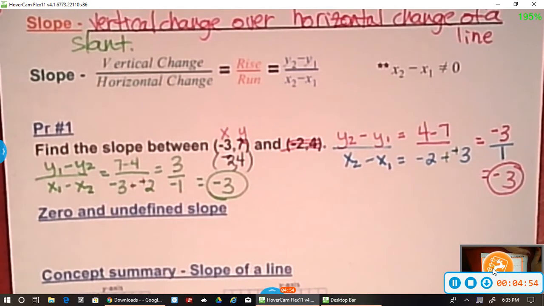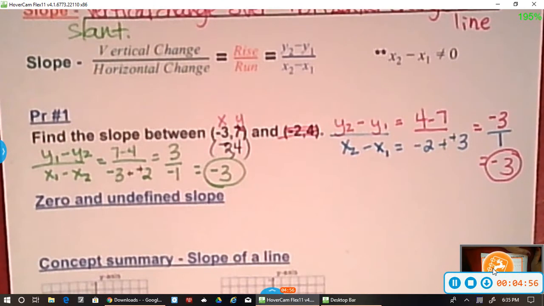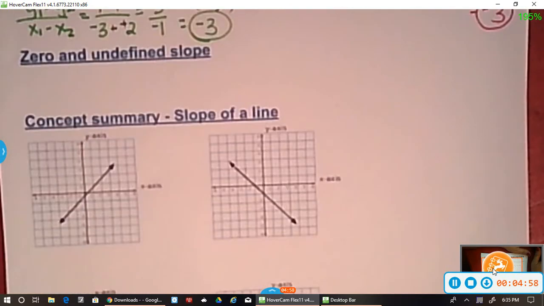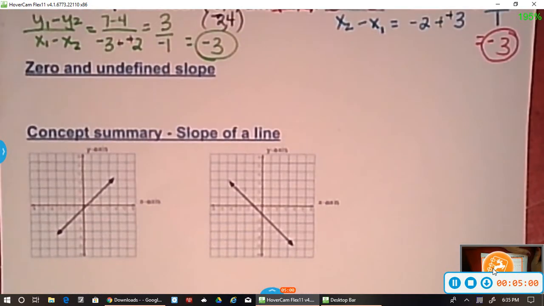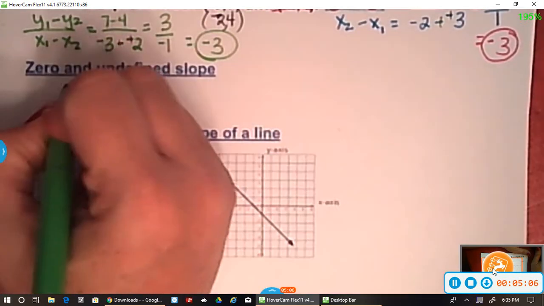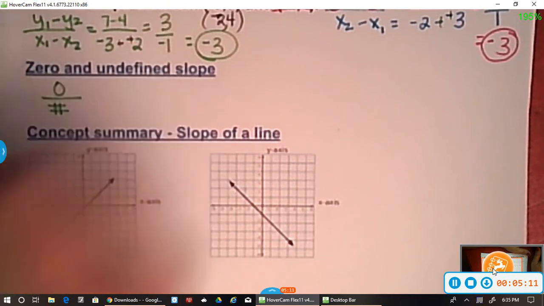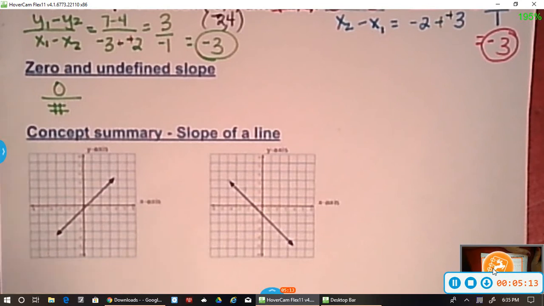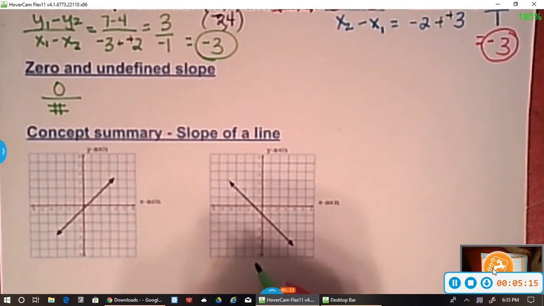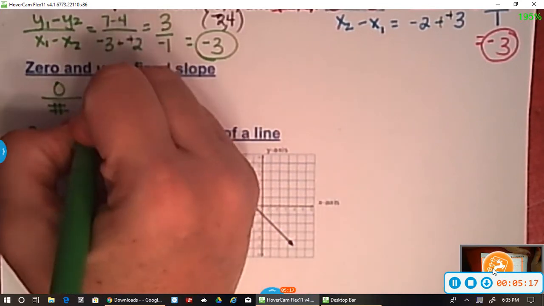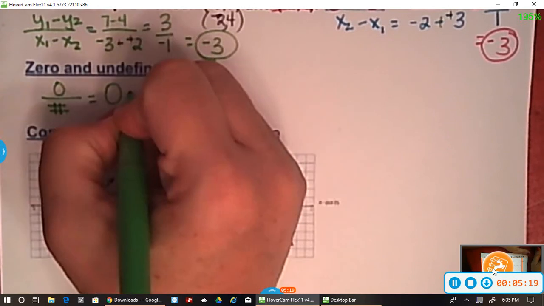So now, let's talk about some special cases. Okay, and this will help you understand that little disclaimer that we had up at the top for our formulas for slope. Okay, if you happen to have 0 over some number, and it doesn't matter what number it is, if you have a 0 on the top of a fraction when you're finding slope, that slope is 0.